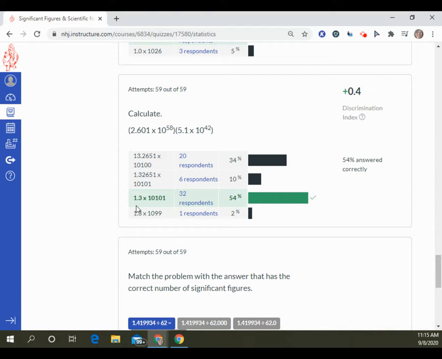So that's where we get 1.3 times 10 to the 101st. And you might say, well, why is it 1.3? Well, when we multiply, the rules for scientific notation are you use the least total number of significant figures. The number in our problem has 4 here and 2 here. So the least total number is 2. So our answer has to have 2 significant digits.